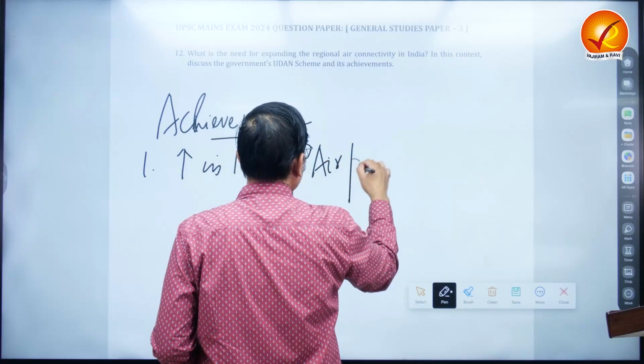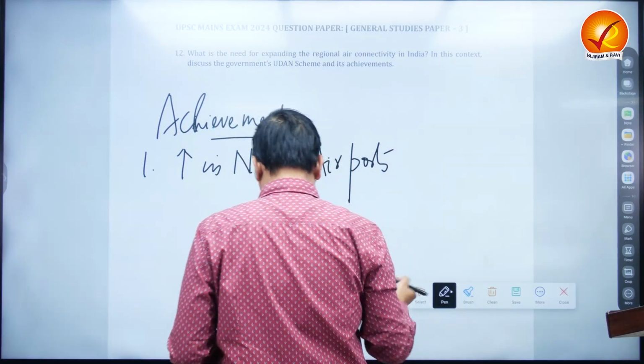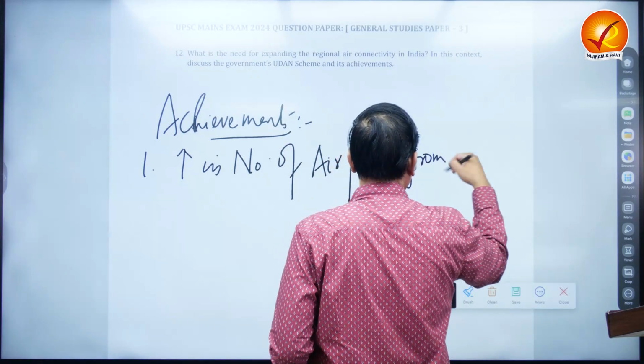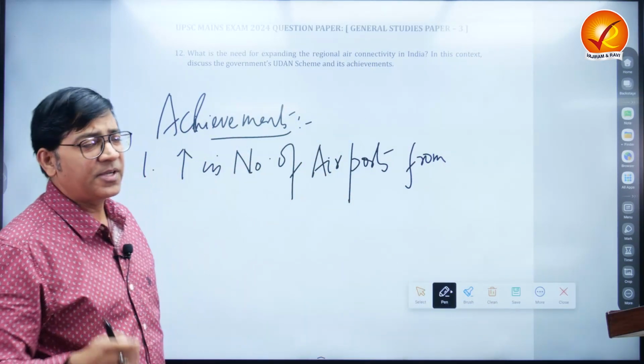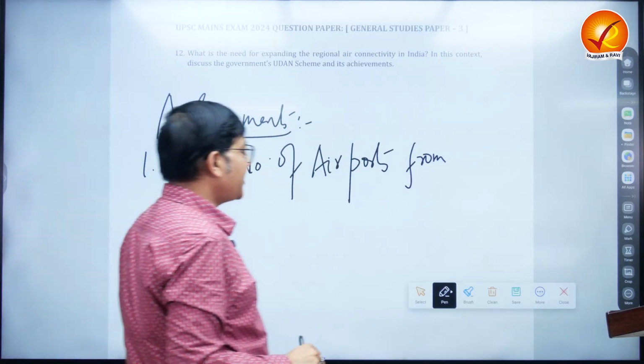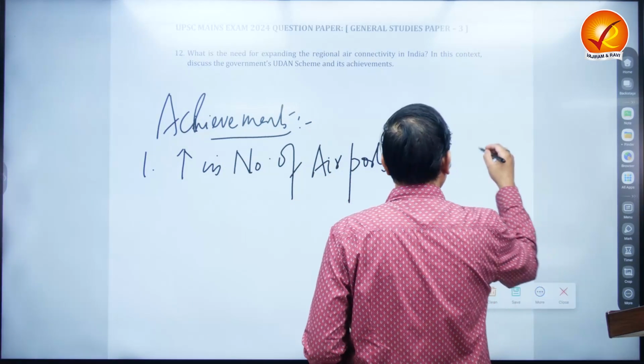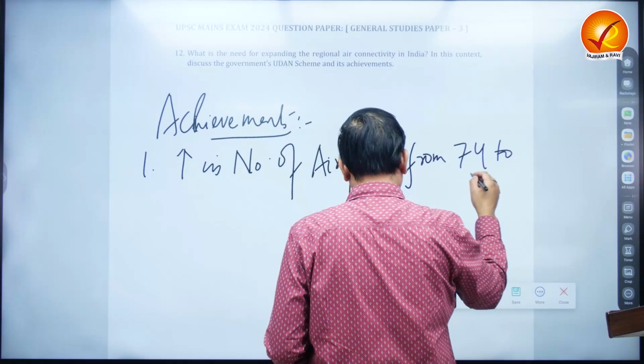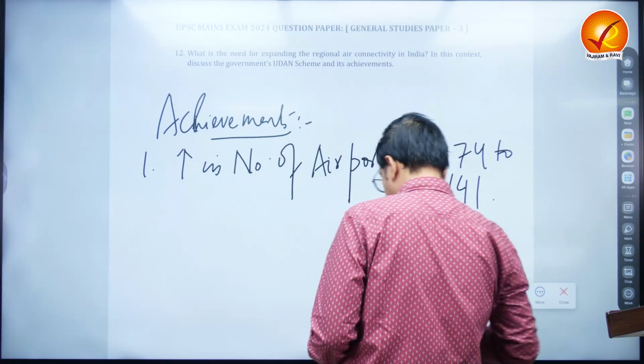As I told you, features and achievements may be somewhat overlapping, but still, from achievements talk about the actual achievement, features is about what was proposed. So as far as what is proposed is achieved, they are overlapping. From 74 to around 141. Okay.